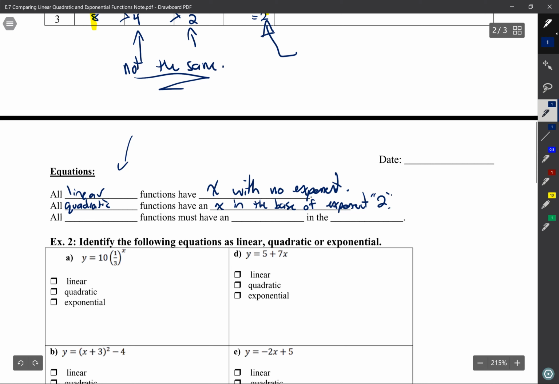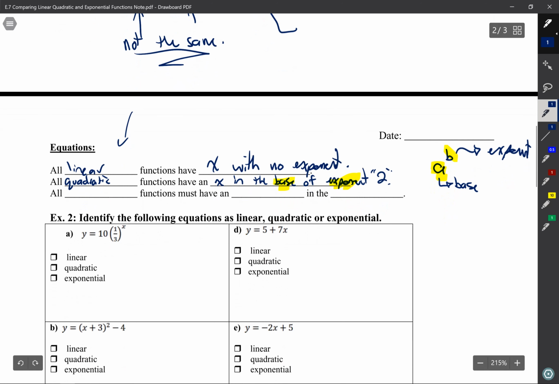2. Now let's briefly review, what does that mean, the base of an exponent? Well, remember a power is made up of two parts. So if I have a to the power of b here, then a is my base and b is my exponent.